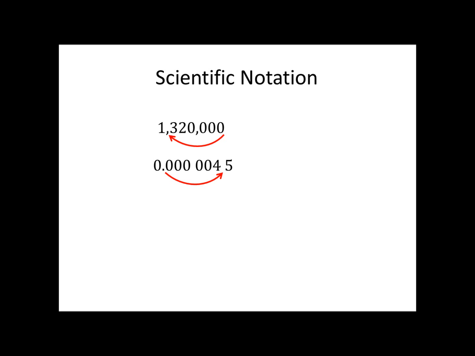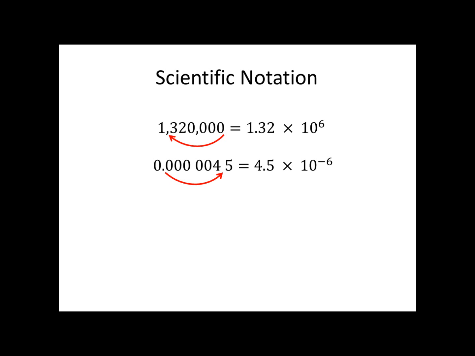But I'm moving them in different directions. The one on top, it's going to move to the left. One on bottom, it has to move to the right. Now, once I move that decimal, I'm going to have 1.32, and then since I moved it 6 spaces, that's going to be my power on 10, is a 6.